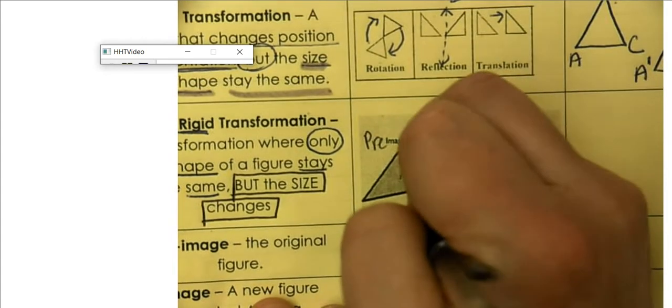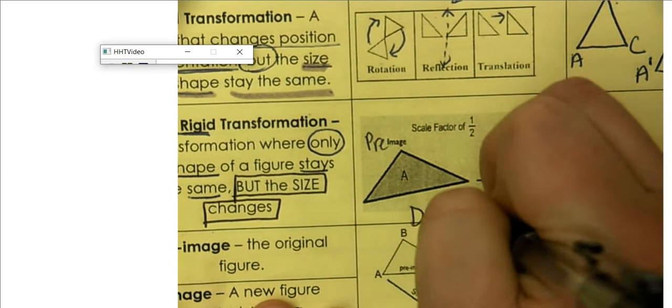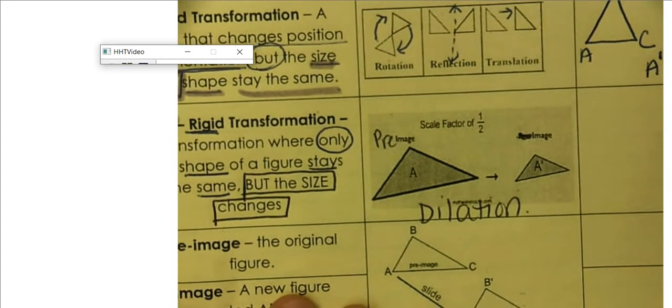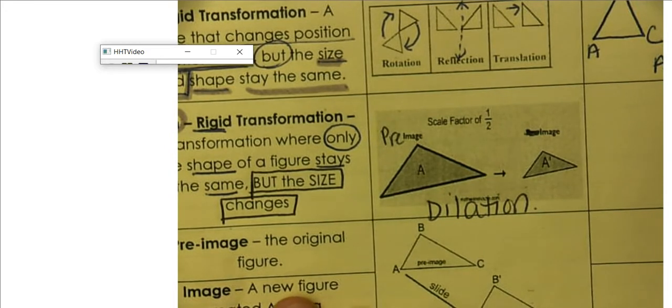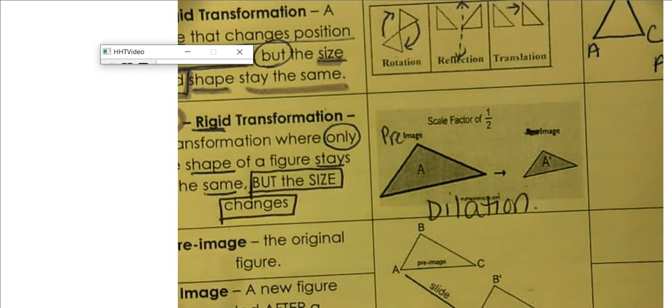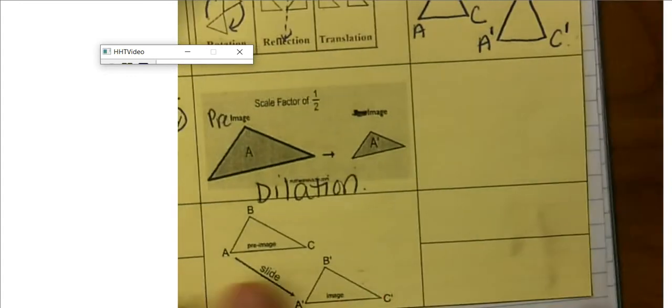This is called a dilation. And we will talk about dilations a little bit later in this unit. Think about dilating, like your pupils of your eyes get bigger and smaller depending on how much light is in your eyes. The notation is still going to be the same.